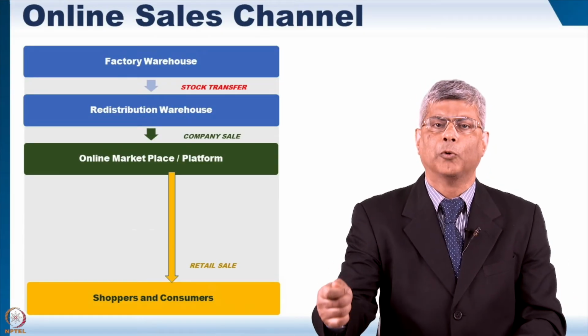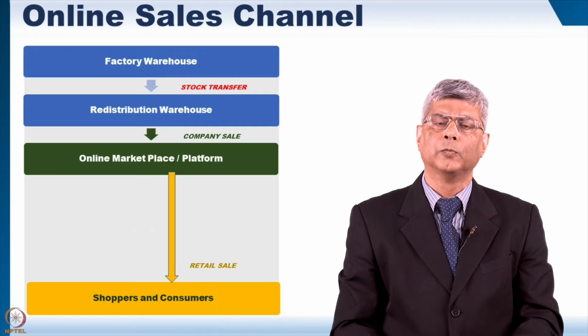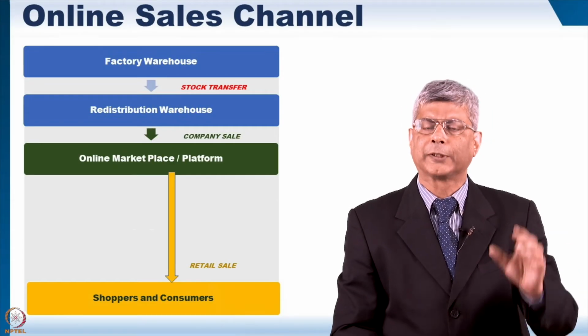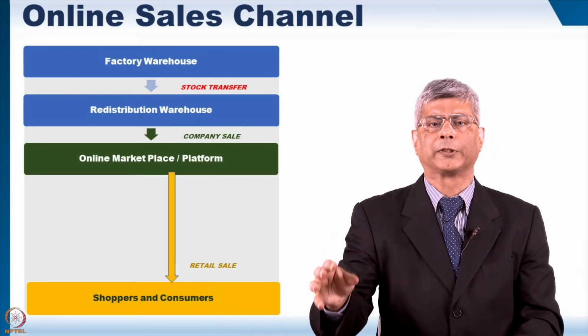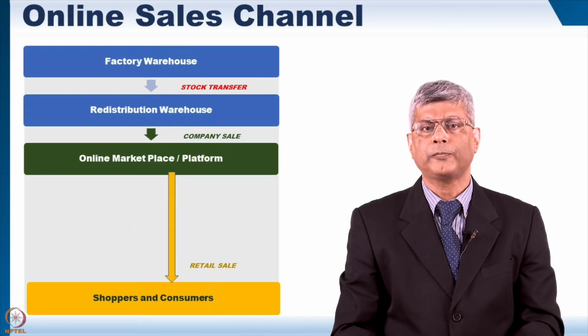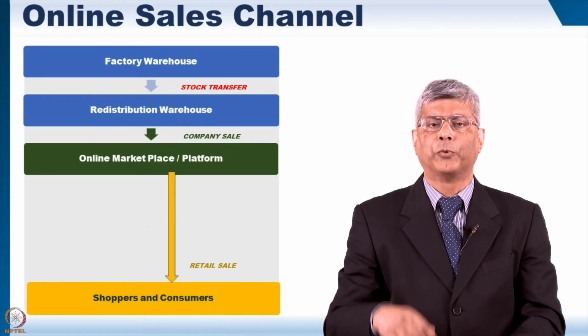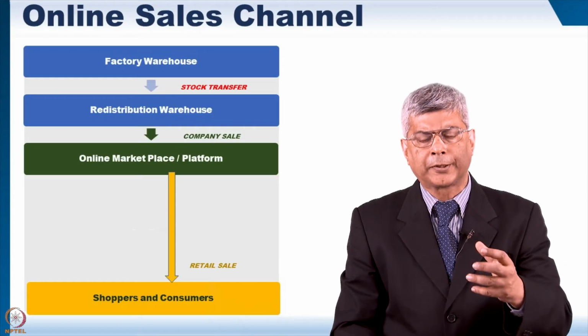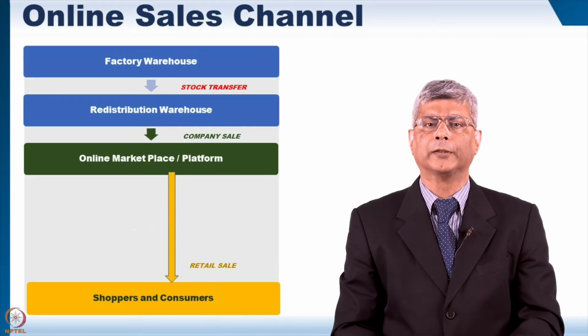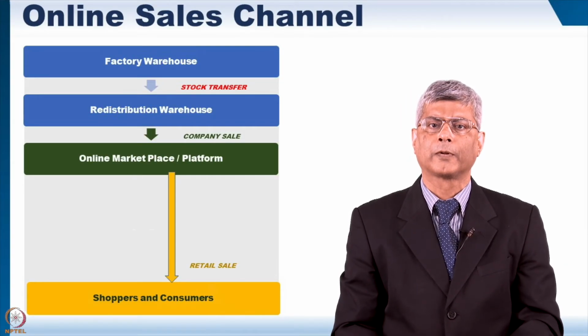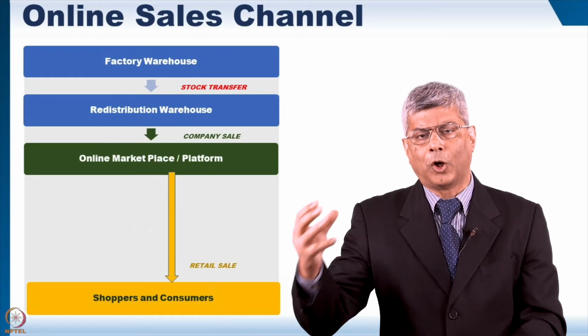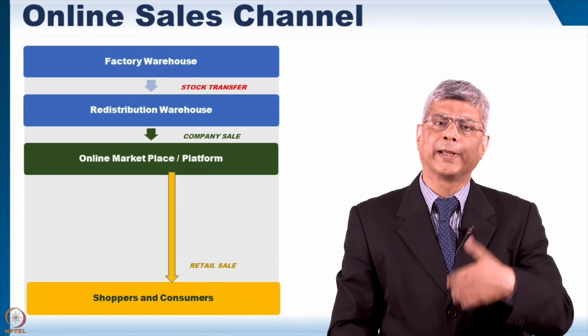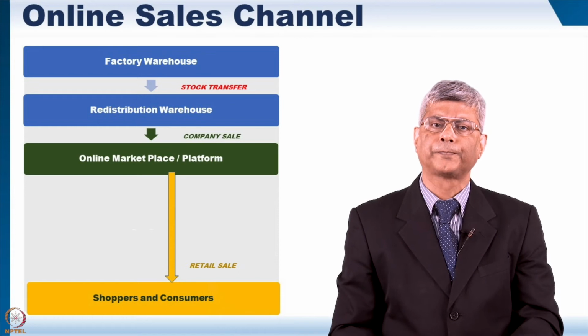So Amazon will also have warehouses across India. Flipkart will have warehouses across India. Nykaa may have warehouses across India. Myntra may have warehouses across India. The ITC online store may have warehouses across India.